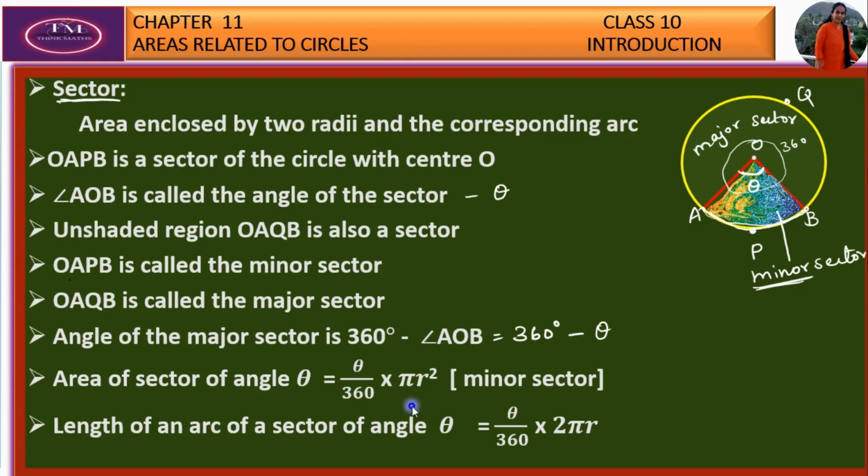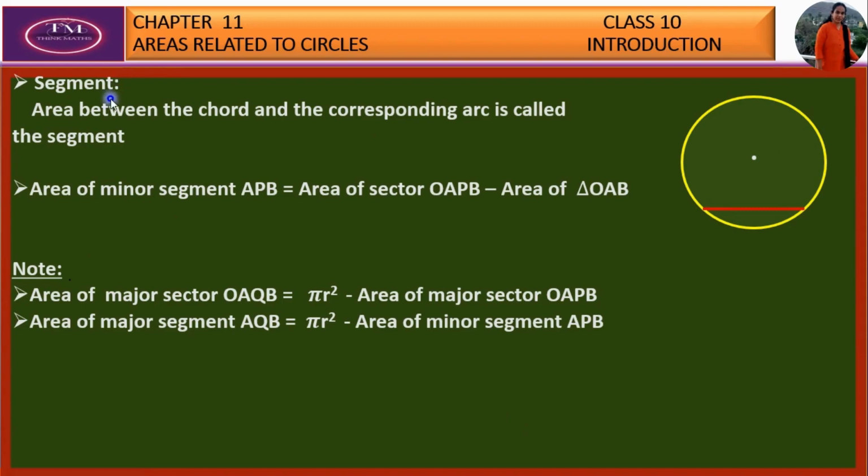Children, do you understand about the sector? In the next part, we will see about the segment. What do we mean by segment? The area between a chord and the corresponding arc is called the segment. A chord does not pass through the center.